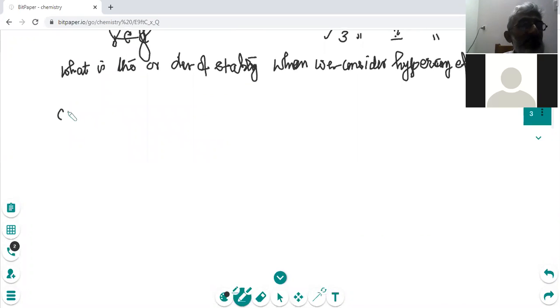See, by inductive effect, I have this radical and this radical, CH2 dot and CH3. Now this radical and this radical, the inductive effect will increase the electron density on this. It will increase electron density.